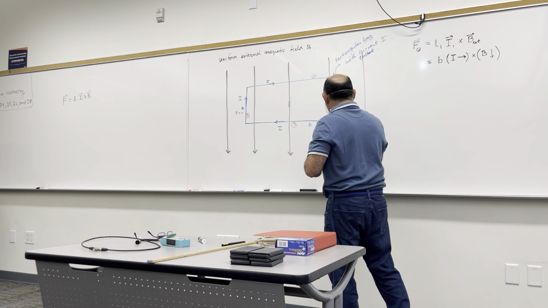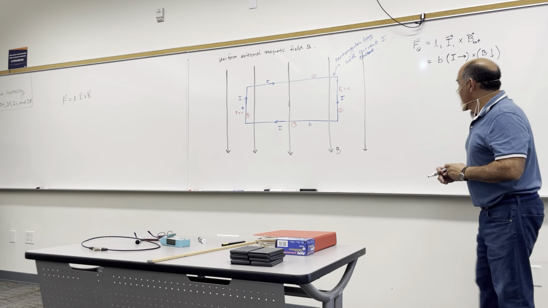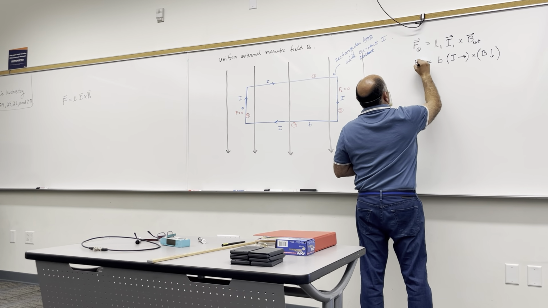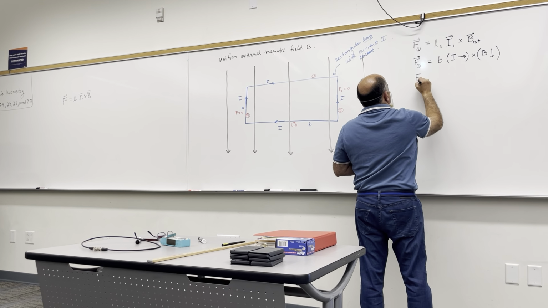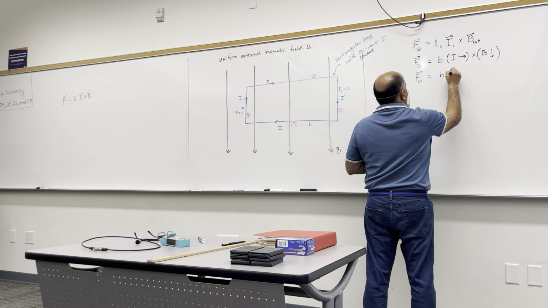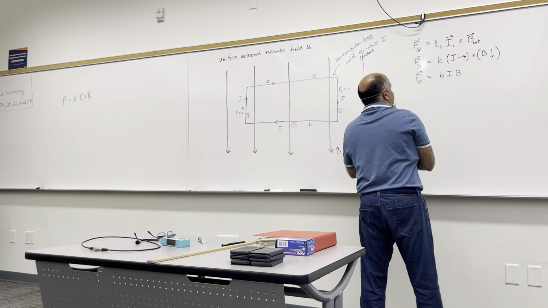Everywhere we made the magnetic field B down the page, right? So what is this force on segment number 1 going to be? Well, it will be B times I times big B.